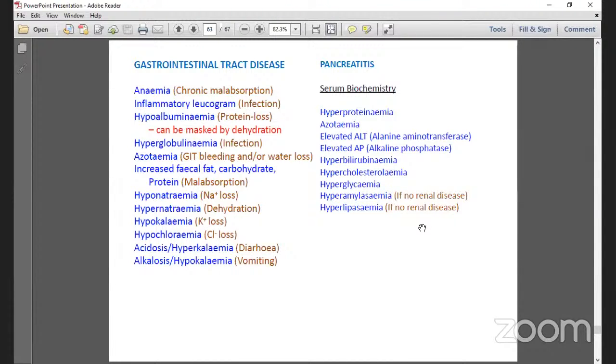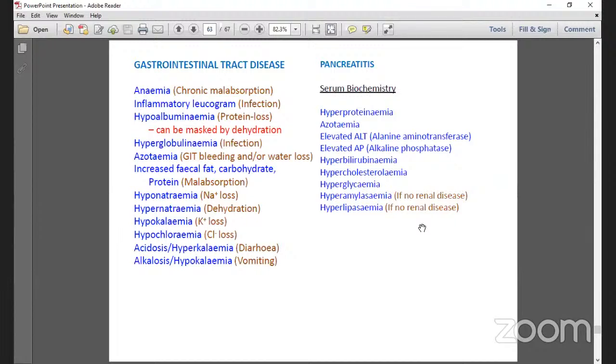The same goes for pancreatitis. The common serum biochemical parameters associated with pancreatitis: there will be hyperproteinemia due to hyperglobulinemia, with globulin produced by the body. There will also be azotemia. Pancreatitis can cause ascending infection from the pancreas to the liver, so it will cause a liver disorder.